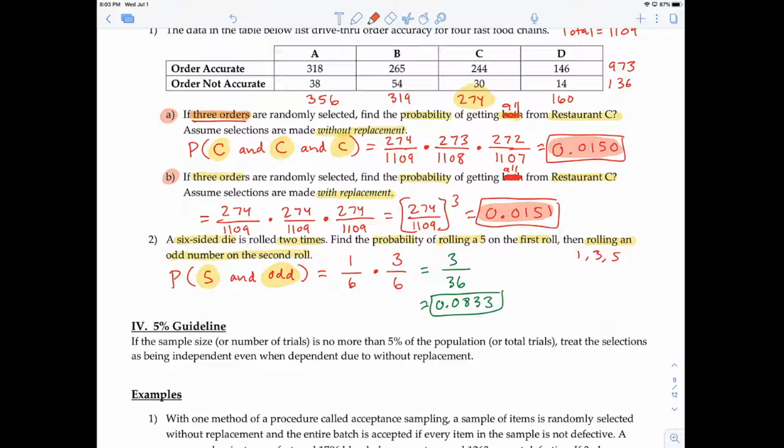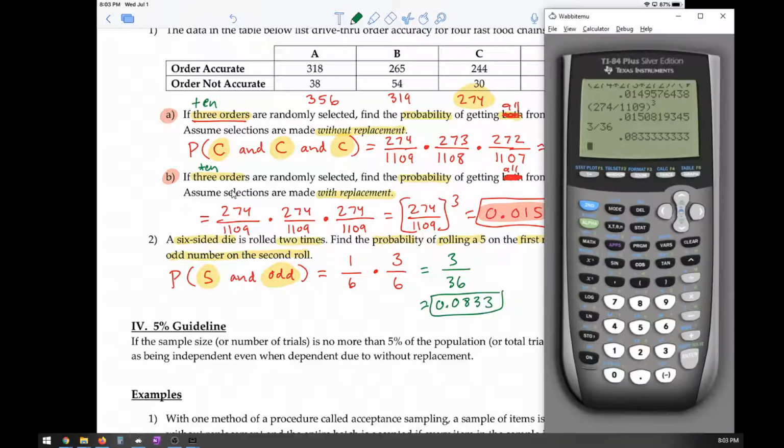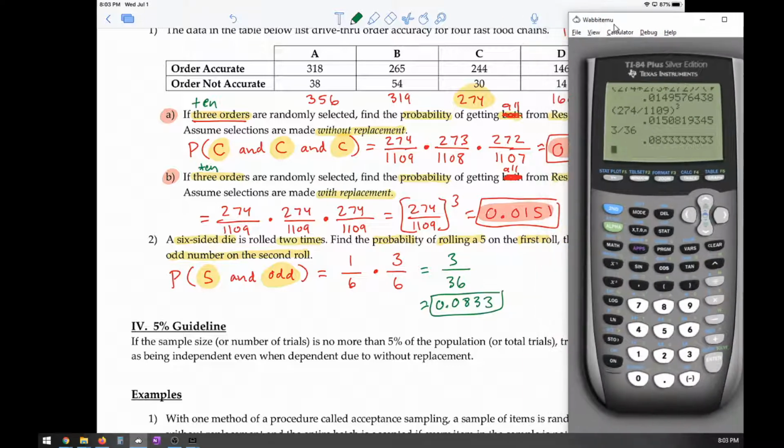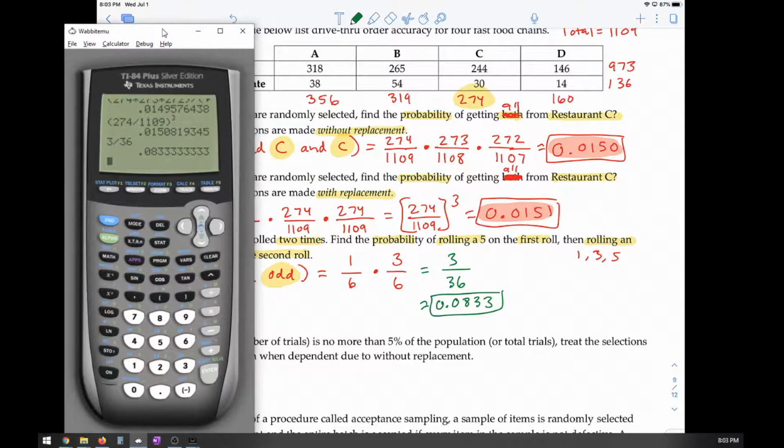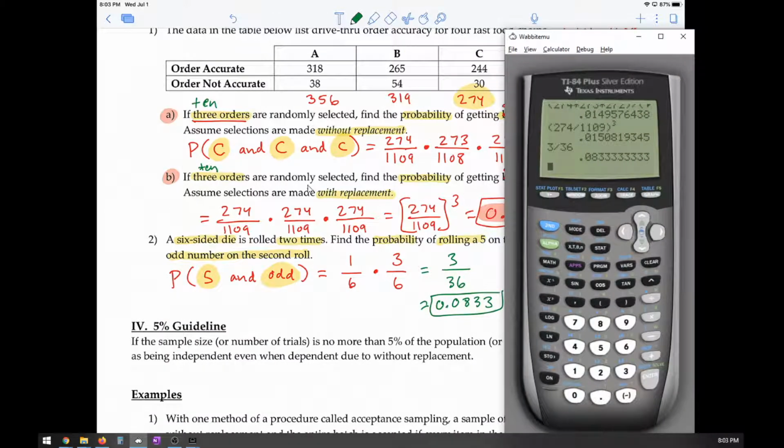But let's say instead of 3 orders, we made 10 orders. We selected 10 orders here and 10 orders here. With the first problem, without replacement, we would take this out 10 fractions, and then diminish 1 in the numerator and 1 in the denominator. Versus down here, where it's with replacement, all we have to do is take that 274 over 1109 and raise it to the 10th power.